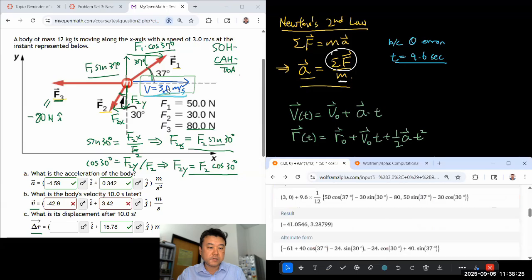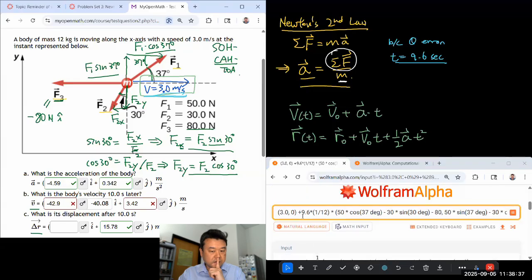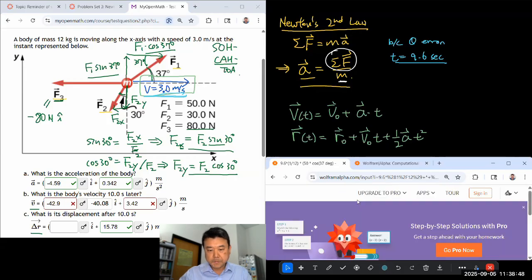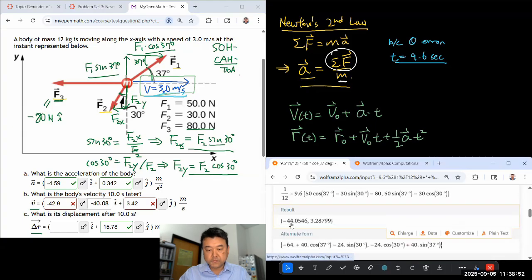If the question code is using this as the initial speed, then this minus 41.0 should be the correct answer, but it's not. So I think what I need to do is, so this should give me delta V. So the delta V is minus 40.